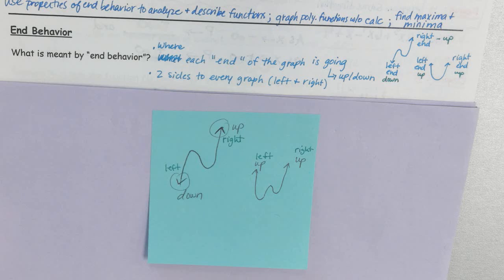So draw some graphs. Whatever I write down, you should write down. So by end behavior, we're talking about where each end of the graph is going. Is it going up, down? And then what's happening on the left side and the right side.